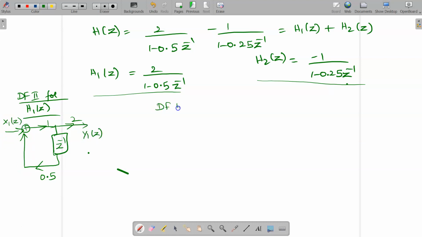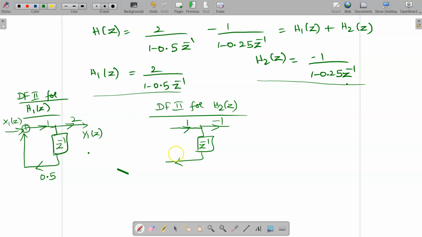Similarly, draw the direct form 2 structure for h2 of z. Only one delay element is available, that is z inverse. Numerator we have only minus 1, write as it is. Denominator, the first term will always be 1, always in the forward direction. Other terms in the reverse direction, change your sign. So minus 0.25 becomes plus 0.25.